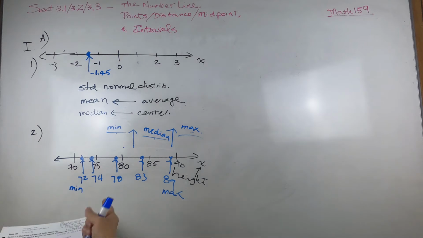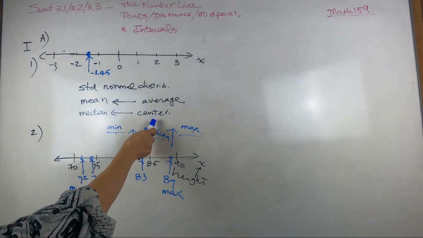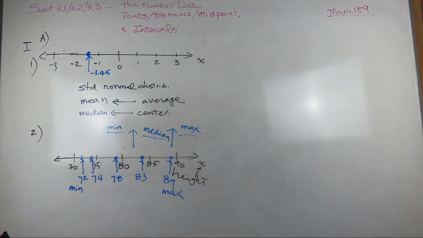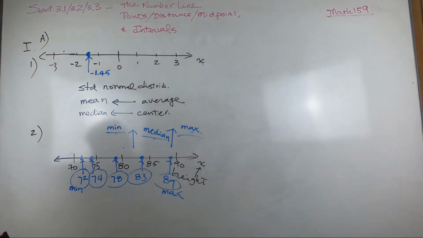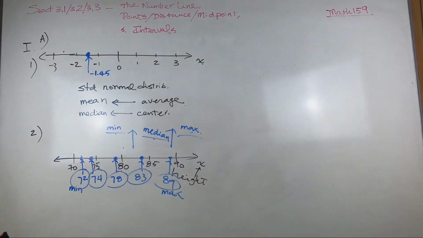So median is in the middle, center, right? Okay, so we just say plot those points on a number line. Those points are the concern we are going to study, to see what kind of result will be. So we do the reference points first. Reference points we care about.